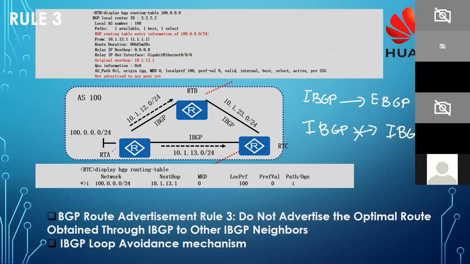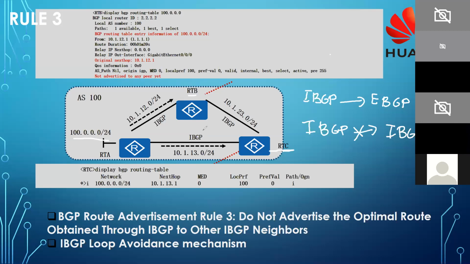Okay, so when RTA wants to advertise this prefix, RTA sends it to all its iBGP neighbors, to all its peers. So it sends it to RTB and RTC.